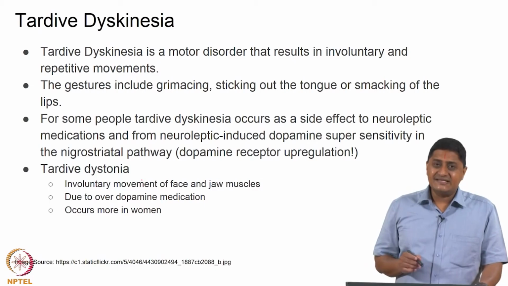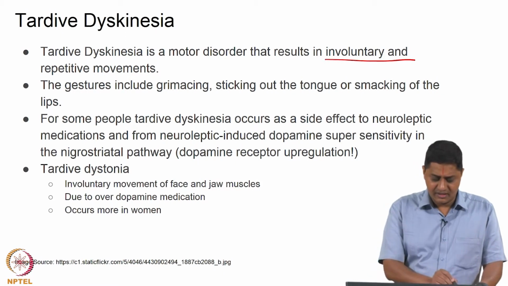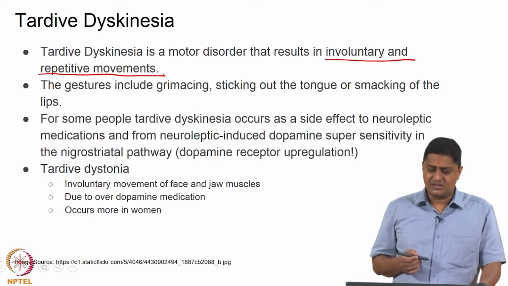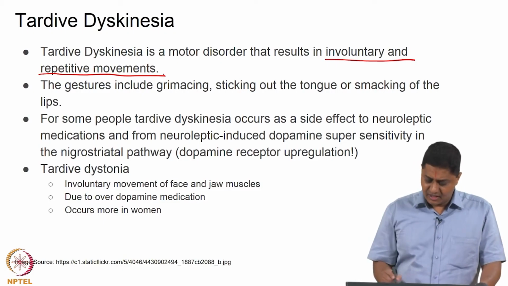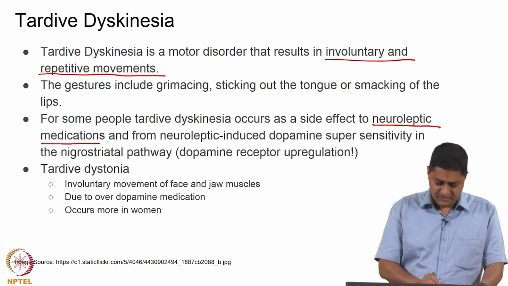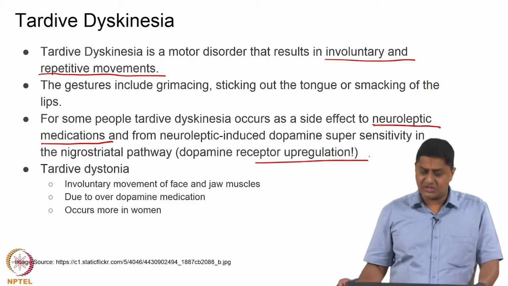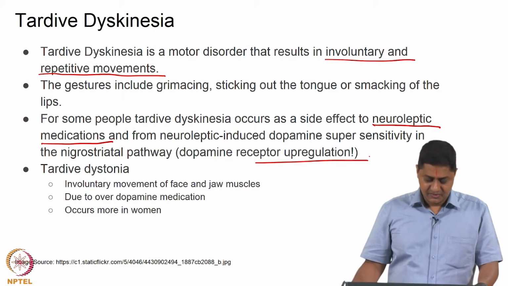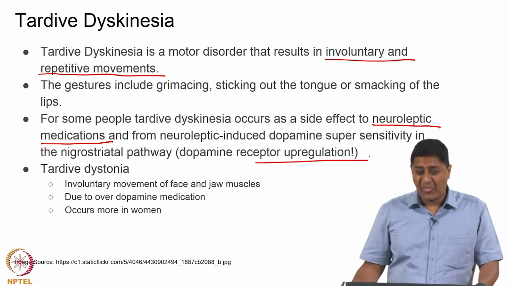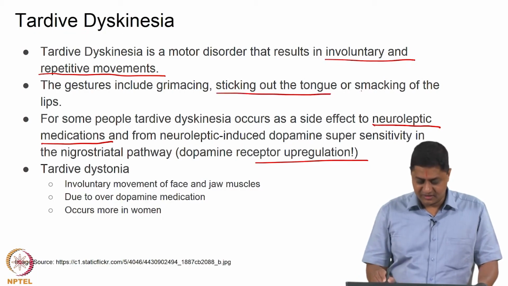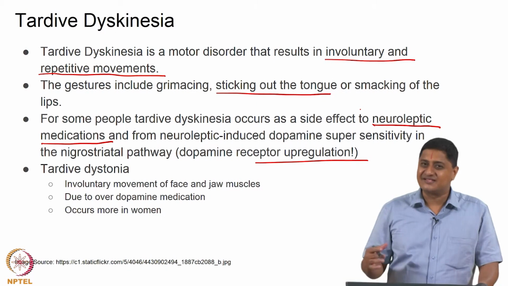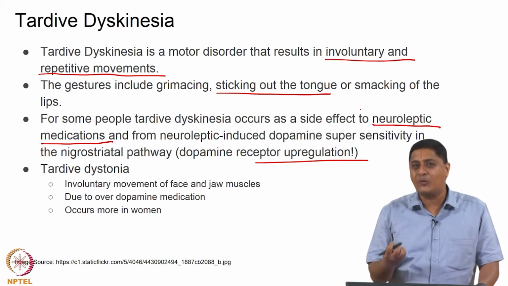Another disease is tardive dyskinesia. In this case, there are involuntary and repetitive movements that are caused usually as a side effect of neuroleptic medications, and dopamine supersensitivity. In other words, that is upregulation of dopamine receptors. This leads to a situation where the person is frequently performing movements like grimacing, stretching out the tongue, or smacking of the lips, or various other unwanted and socially awkward movements.